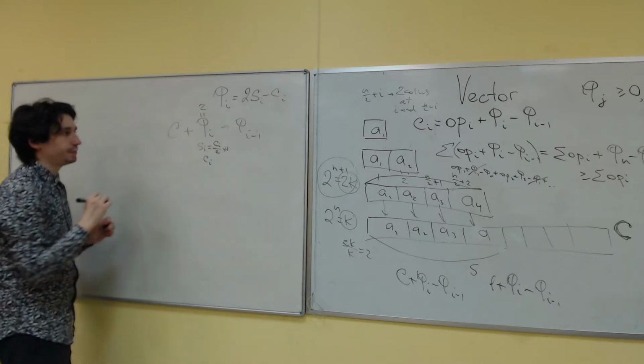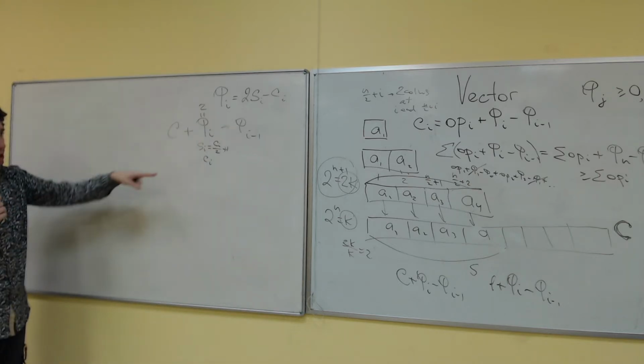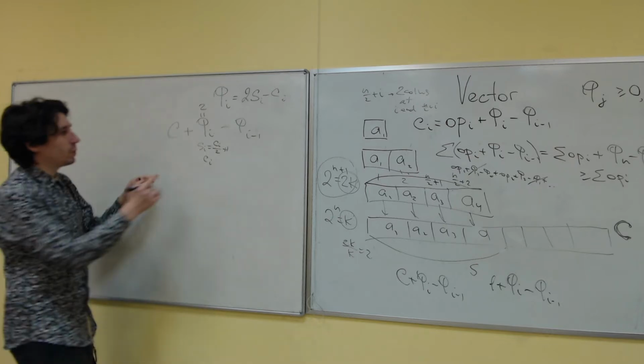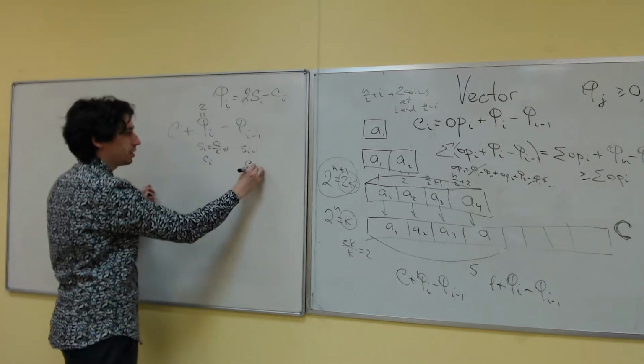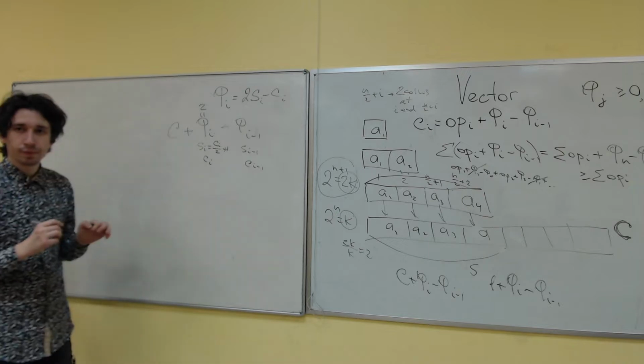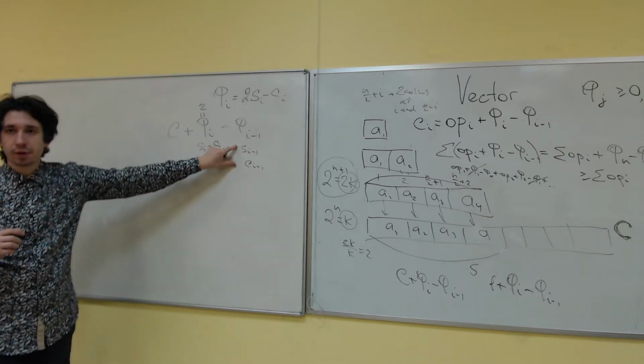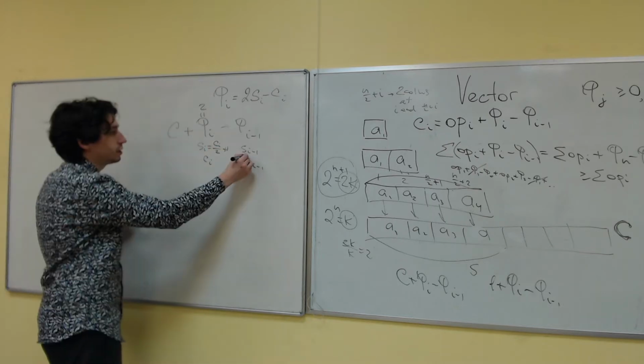Okay, good. What's with Fi minus 1? We have Si minus 1 here and Ci minus 1 here. What do we know about them? They're equal, okay, great.